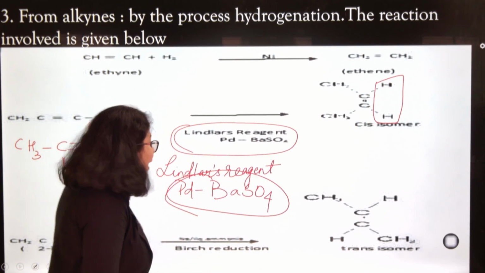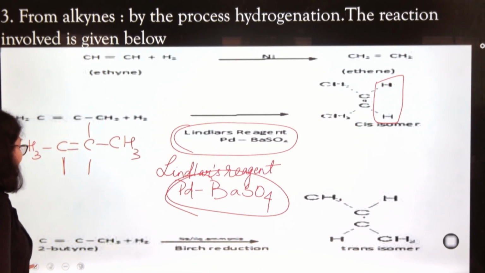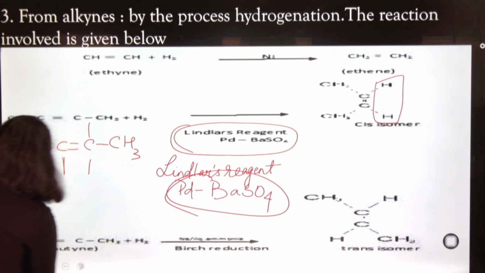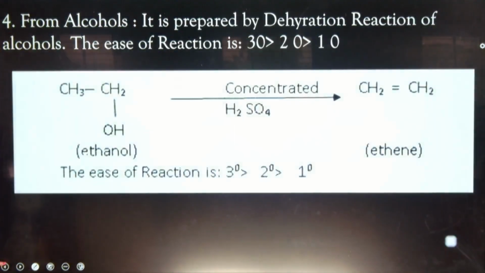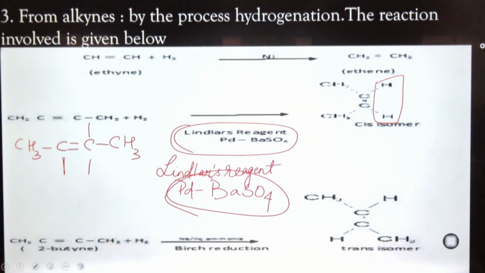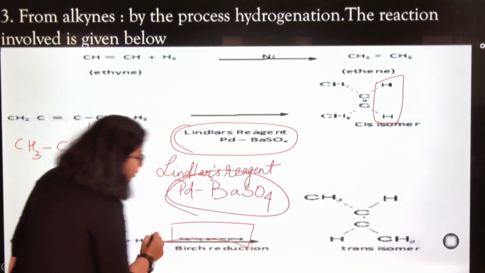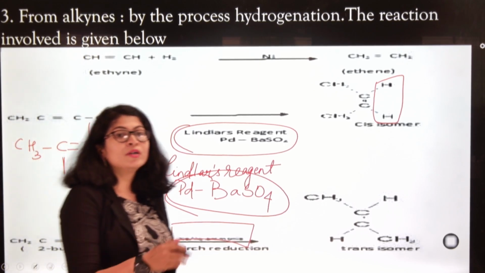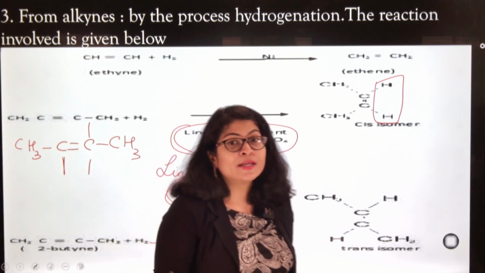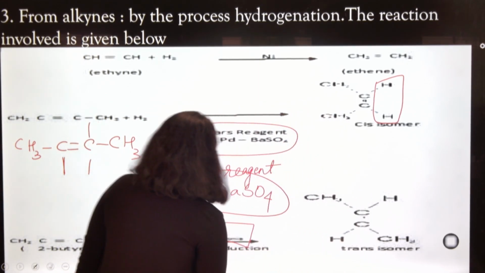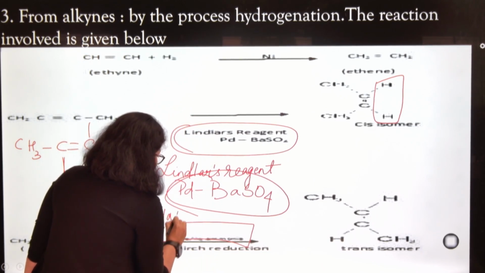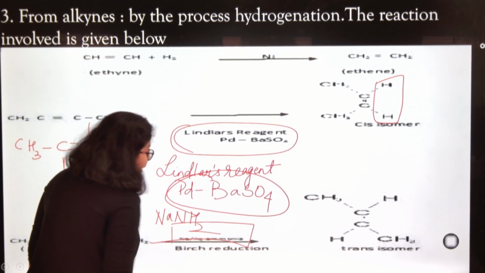And if this particular reaction is carried out in the presence of sodium metal, this is called Birch reduction, sodium and ammonia, Na/NH3.